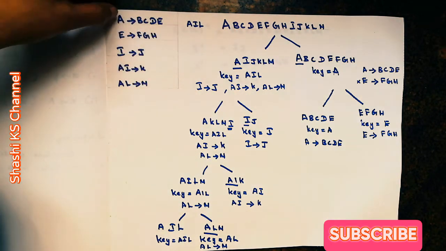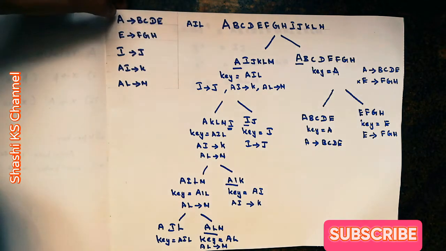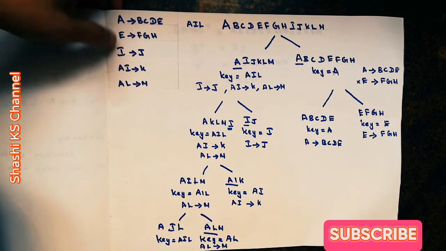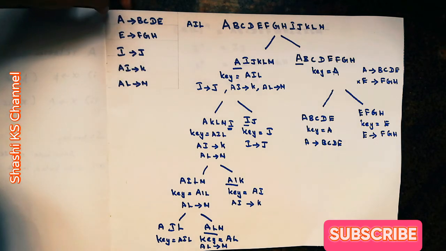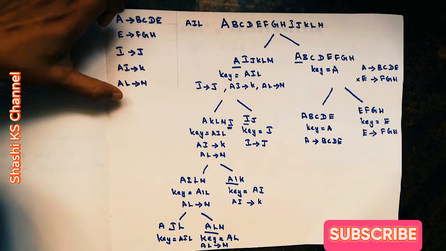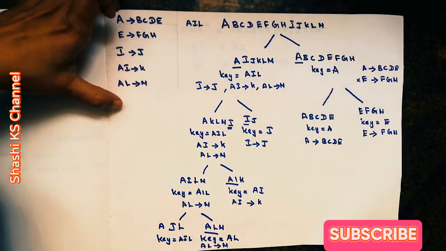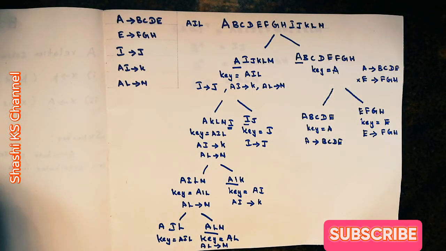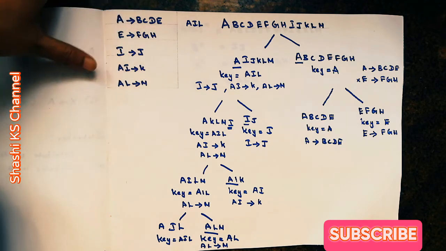Then check whether AIL is there on the left hand side of your FDs. In any of these 5 FDs, AIL is not there on the left hand side. That means we can conclude that the relation with the given set of FDs is not in BCNF form. So if your question is only to find whether the given relation is in BCNF or not, this is how you have to do it.